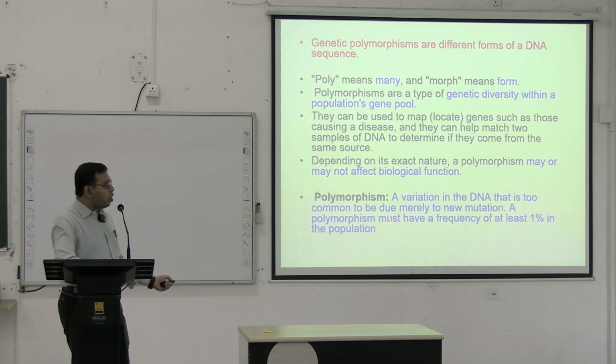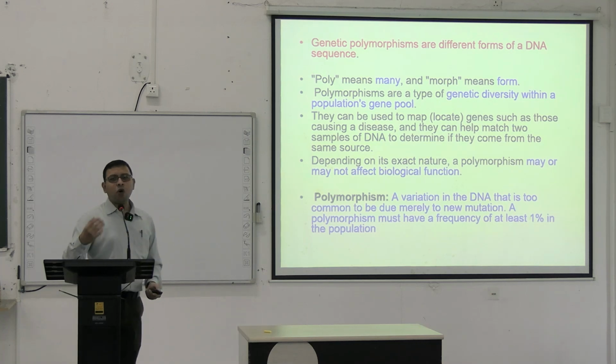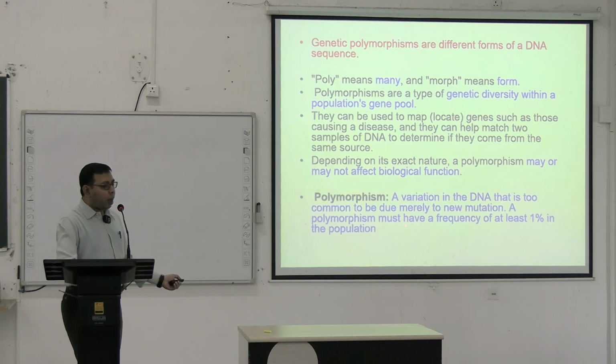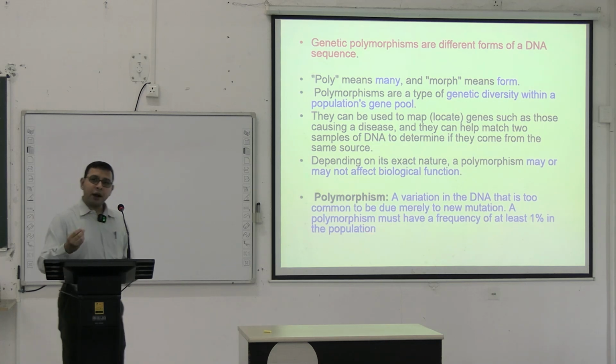So what is polymorphism? It is a variation in the DNA that is too common to be due merely to new mutation. Some common mutations are continuously occurring, but here the variation occurs more than that. A polymorphism must have a frequency of at least 1% in the population, 1% or more.